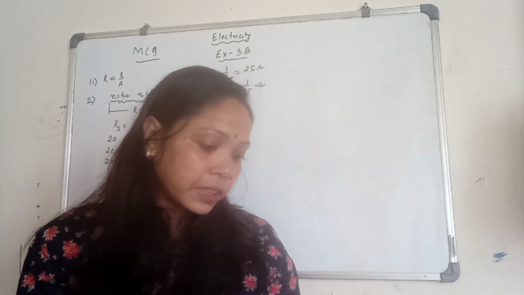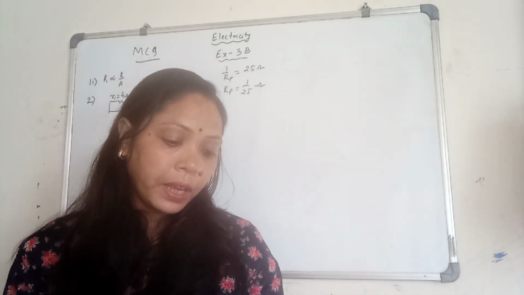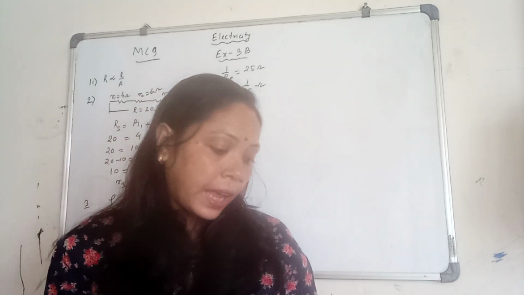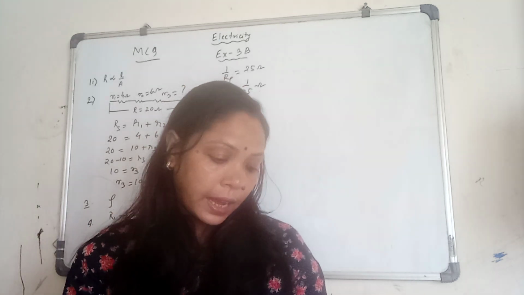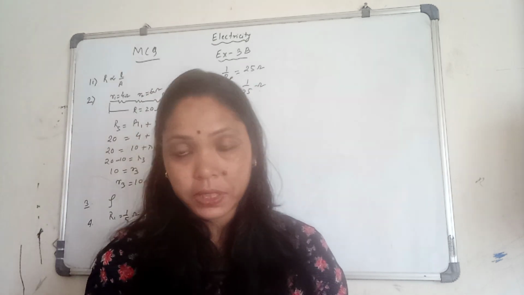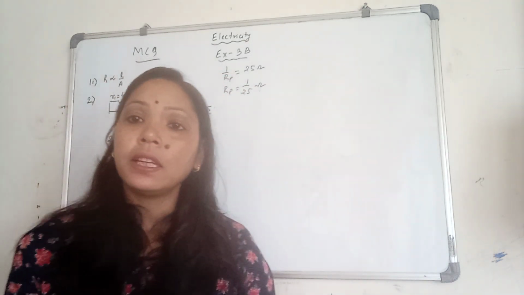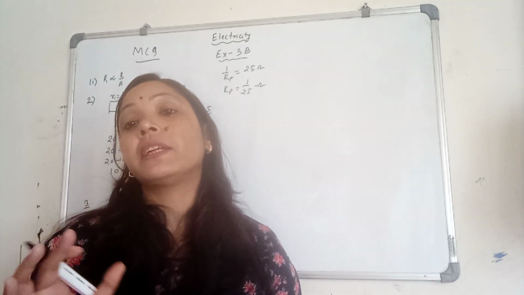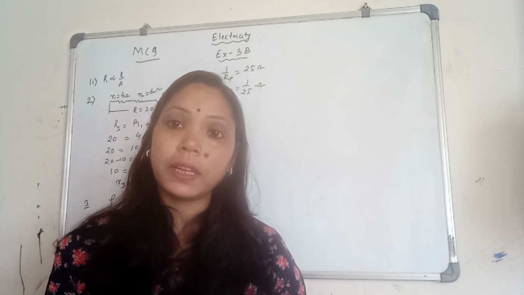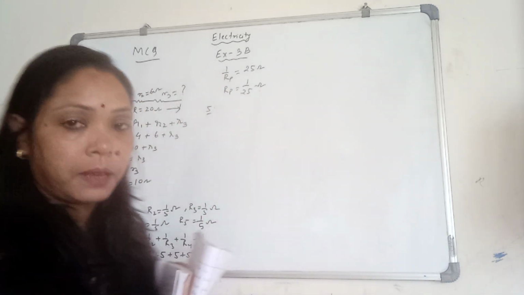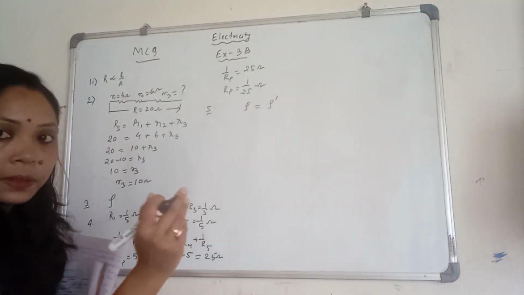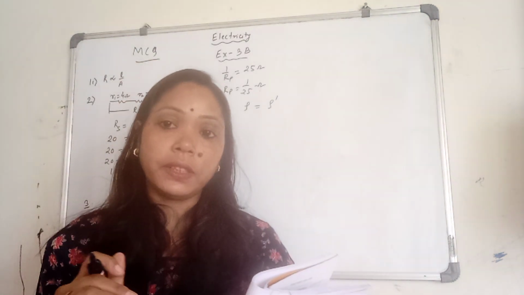A cylindrical conductor of length L and uniform area of cross section A has resistance R. Another conductor of length twice L and resistance R of the same material has area of cross section... Now you have to find the cross section area, and the conductor is made up of the same material. So we know that whenever the conductor is made up of same material, their resistivity is same. So we can write here that rho is equal to rho dash, because the resistivity is same.